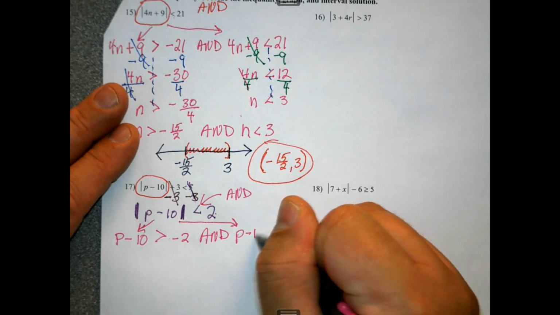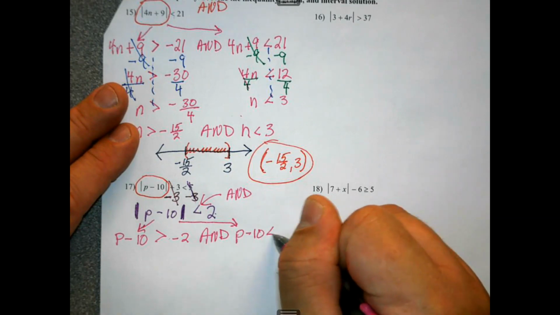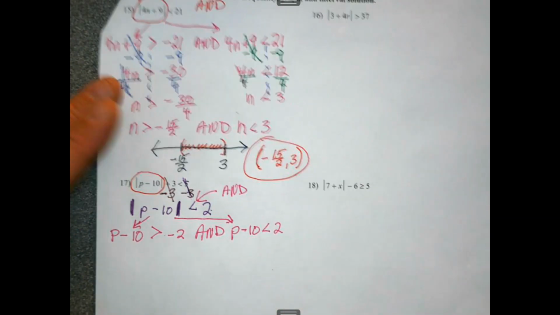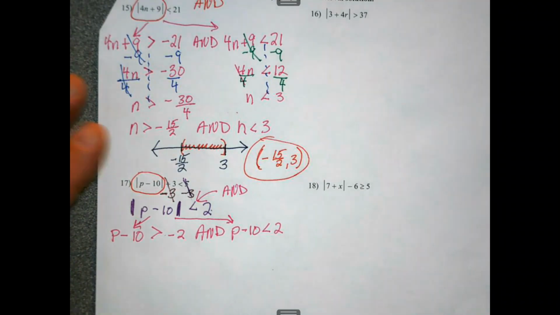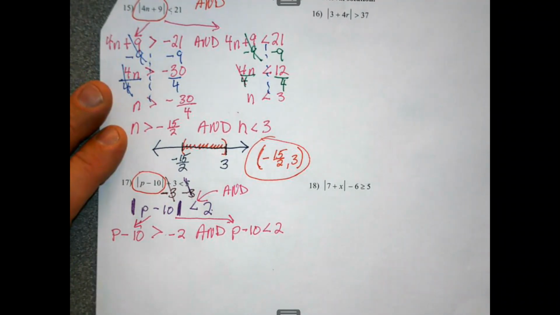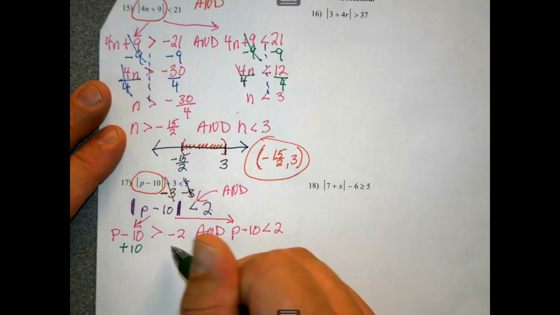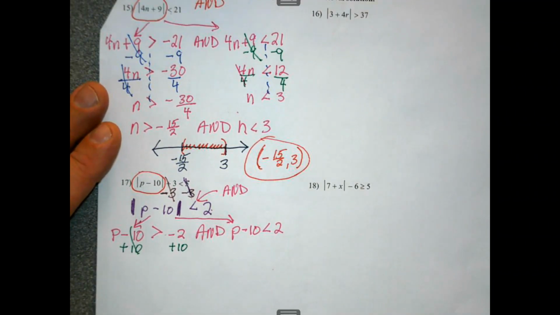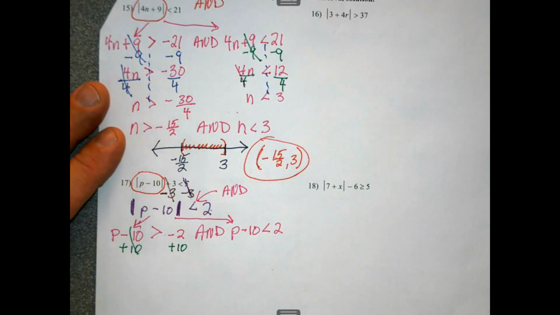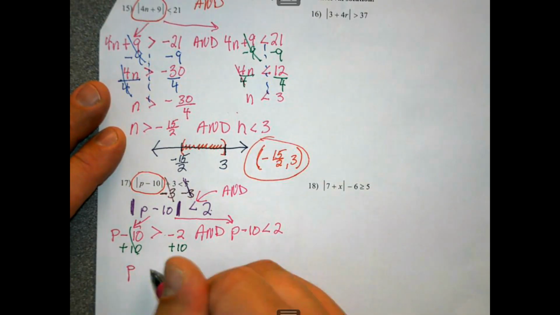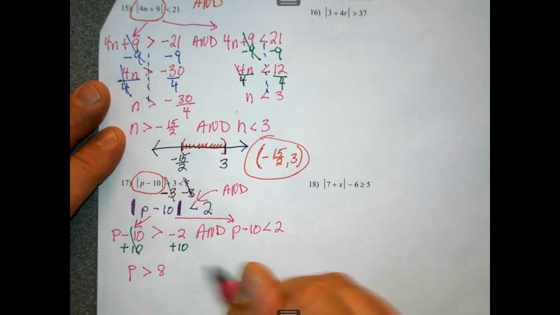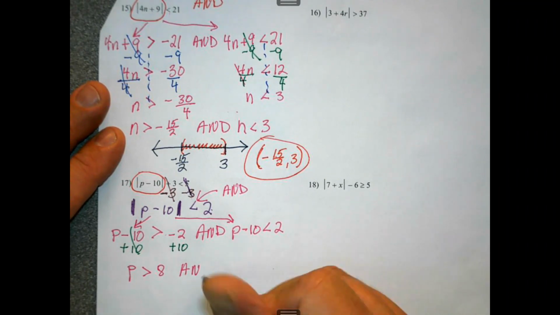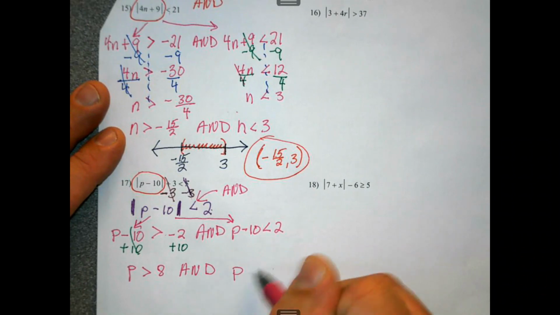P minus 10 is going to be less than 2. Okay, add 10, add 10. So P is going to be greater than 8, and P is going to be less than 12.